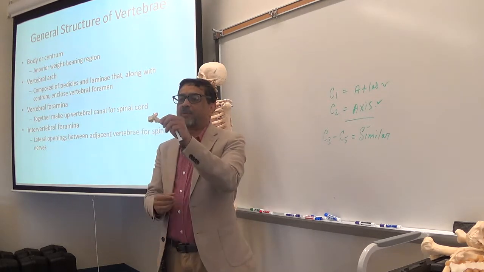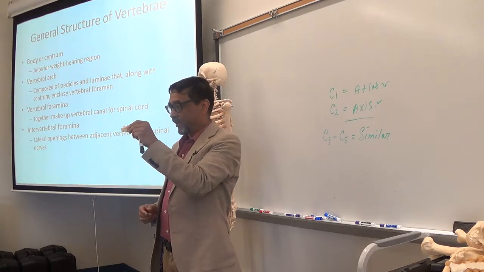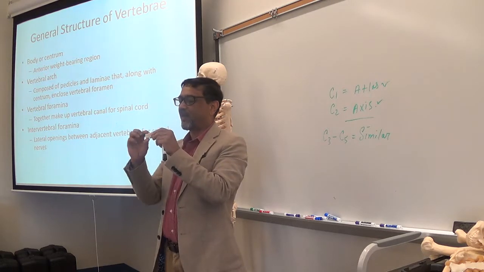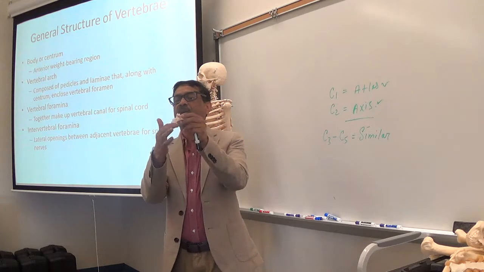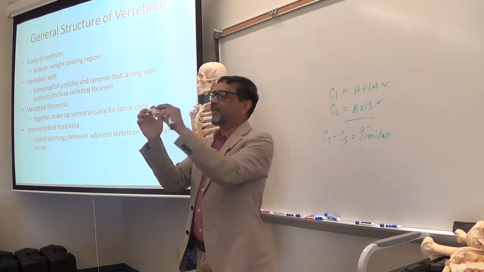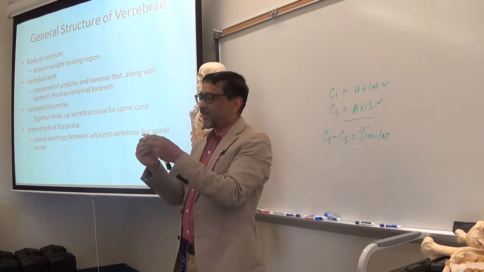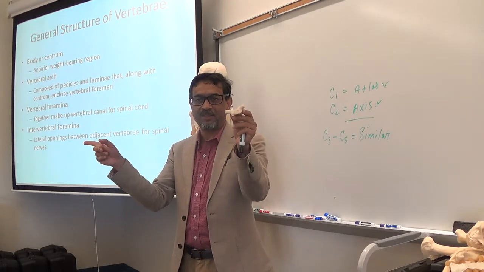A typical vertebrae has a body in the front, so this is how it is in your body, okay? The body part is in the front and the back part is called the arch, okay? So this is the body and this part is called what? Arch.